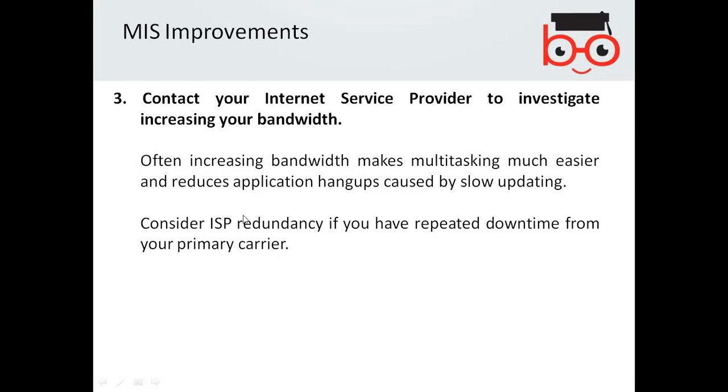So if you have repeated downtime, for example, if you are in a mall and trying to talk with your friends over WhatsApp and you have a problem, it's not necessarily that your device has a problem, but probably it is a recurring ISP problem.